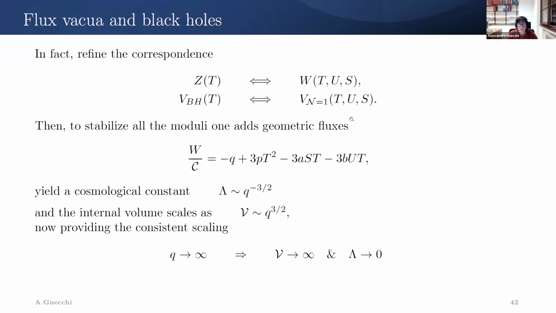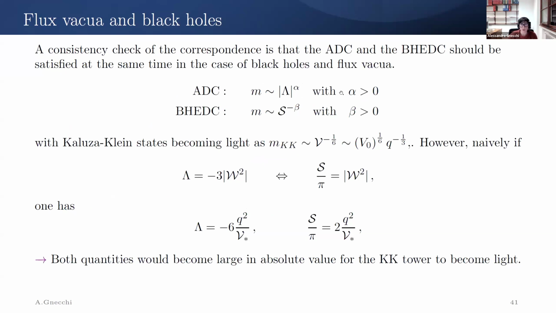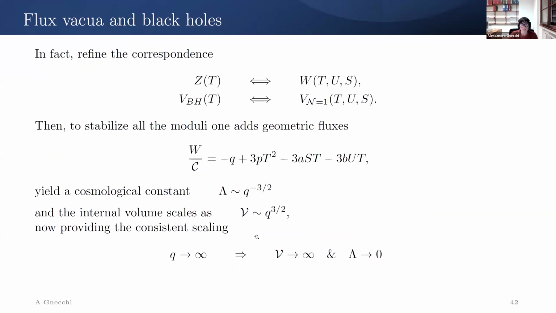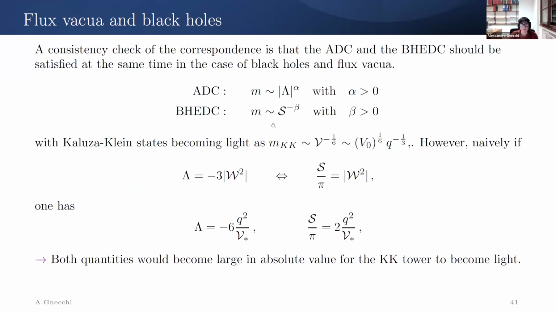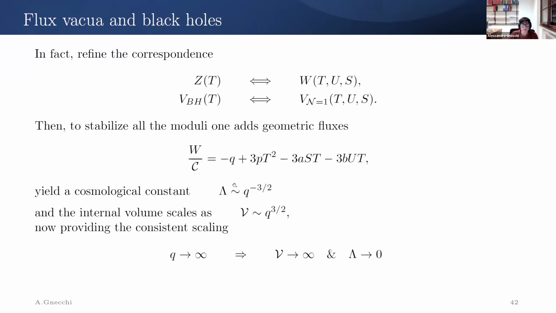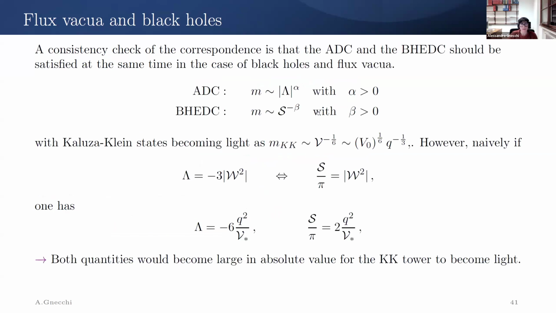But all I'm saying is that it was not trivial, but with the correct compactification where all the moduli are stabilized, which is the case where this AdS distance conjecture applies, then it's shown that both the behavior of the entropy and the behavior of the cosmological constant are consistent. When Q goes to infinity, the volume goes to infinity and the cosmological constant goes to infinity. So the entropy goes to infinity and the cosmological constant goes to infinity, exactly as these conjectures predicted.